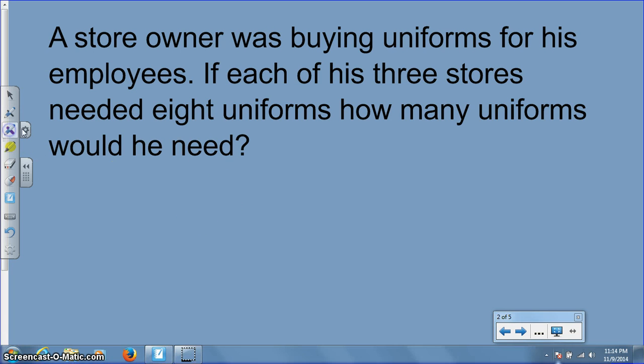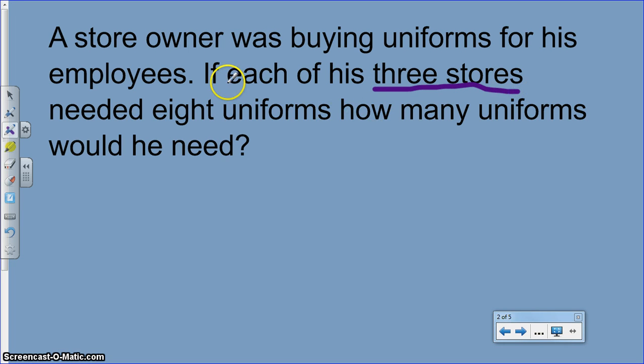We have a store owner who was buying uniforms for his employees. If each of his 3 stores needed 8 uniforms, how many uniforms would he need? So here's a case where this store owner is buying uniforms. He has 3 stores, okay? In each of his 3 stores, he needs 8 uniforms.